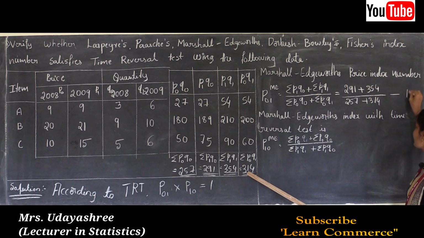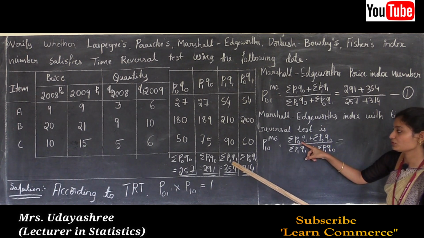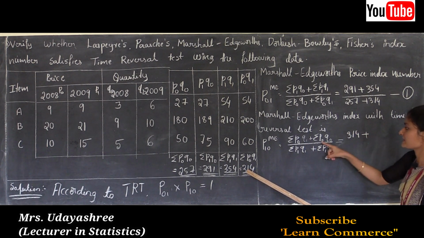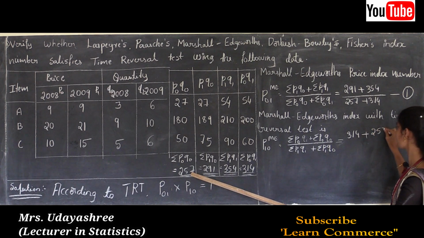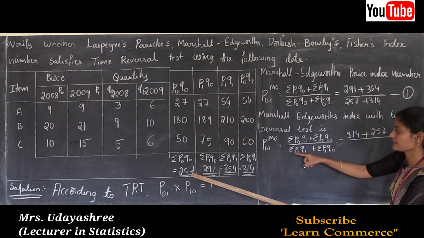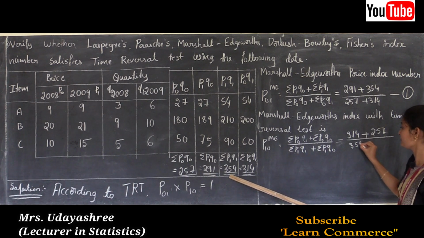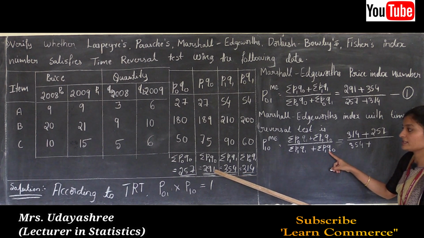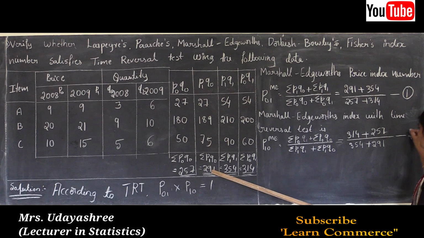This is equation number 1. Next, summation P0 Q1 is 314 plus summation P0 Q0 is 257, divided by summation P1 Q1, which is 354, plus summation P1 Q0, which is 291. This is equation number 2.